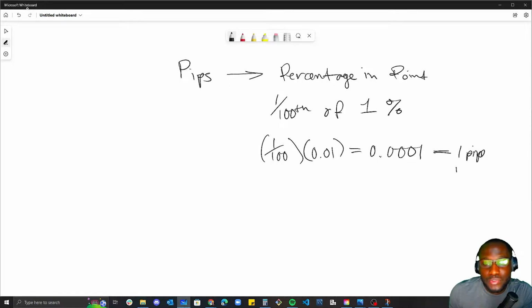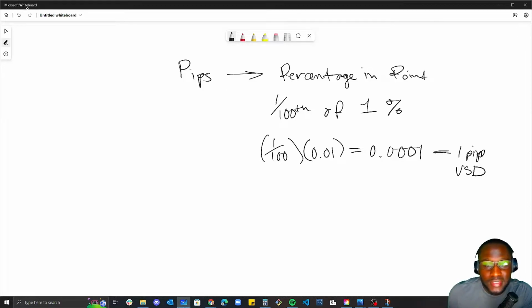Now, I should note that this is only for USD quoted or base currencies. The currency that differs from this format is the yen.